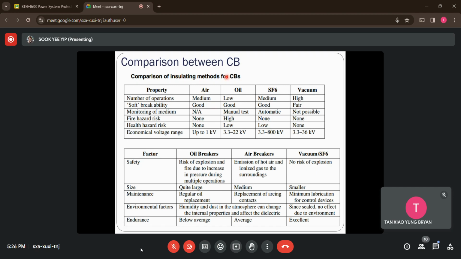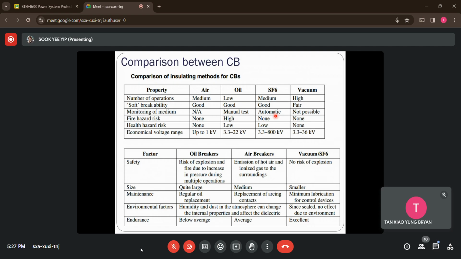How about for oil breakers? Yes, you need to manually test whether the oil still serves as a good dielectric medium, seeing as with every arcing process the oil will be contaminated. So there's a need to monitor the oil. The third one is SF6 gas here. The operation is actually automatic.